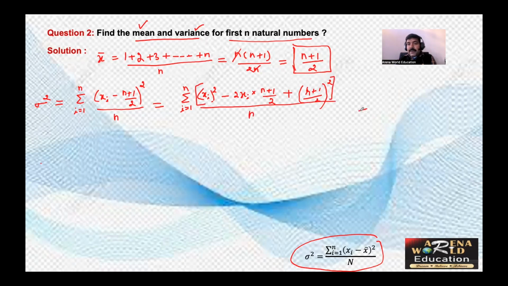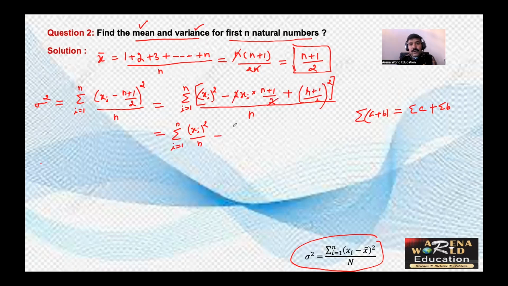Now always remember, sigma a plus b is equal to sigma a plus sigma b, right? So you can see numerator can be written as, yes, sigma i equal to 1 to n xi square divided by n minus, you can see this 2 and 2 are cancelled out.